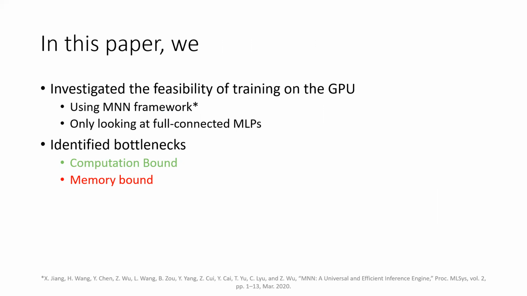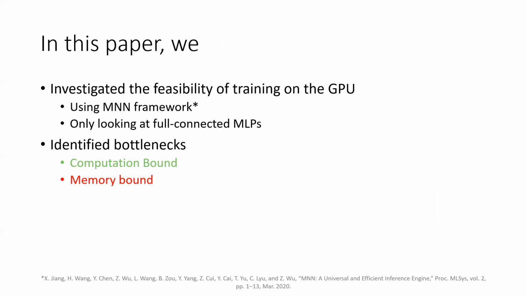So in this paper, as I've said, we are investigating the feasibility of training on the GPU. There are quite a few deep learning libraries for resource-constrained devices, such as PyTorch or TensorFlow Lite, but these only include inference. They do not support training.